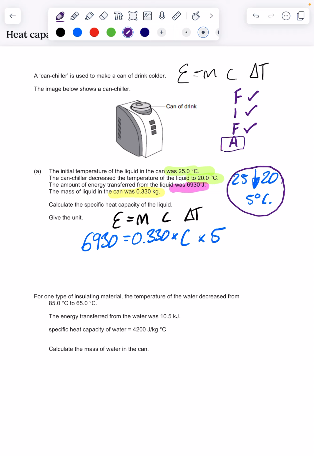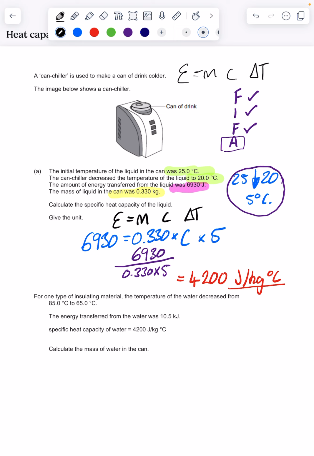To rearrange this equation, it will be 6,930 divided by 0.330 times 5. When you plug that into your calculator, it comes out at 4,200 joules per kilogram degrees Celsius. Take care when you're writing out this unit.